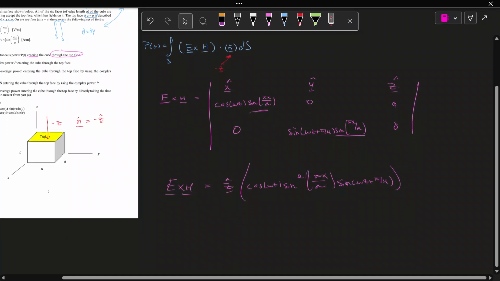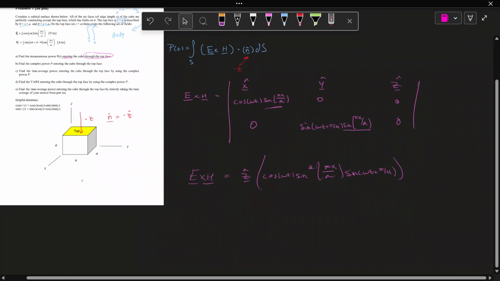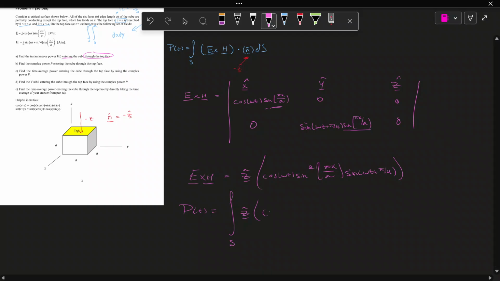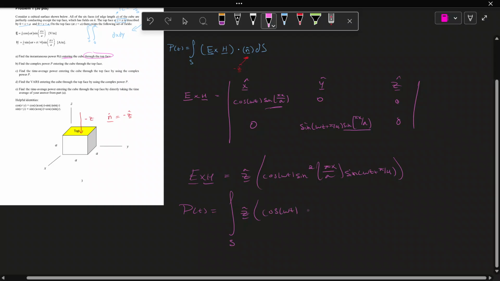Okay, so all I did was multiply, put the z component there, and now we have to take our surface integral of z hat cosine omega t sine omega t plus pi over 4, sorry, times sine squared of pi x over a.